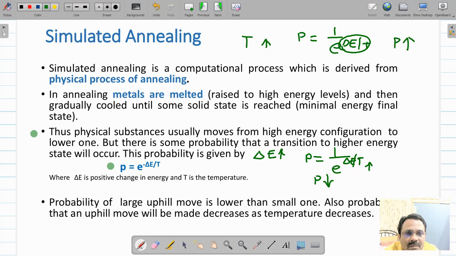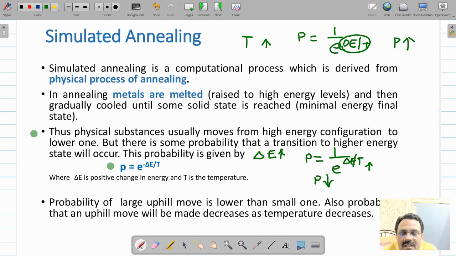And at low temperature, that means in the second phase of your algorithm, the probability of getting selected for a bad solution, a worse solution, will be less. So that's how this particular formula defines the probability by which you should select the high energy state from the low energy state.